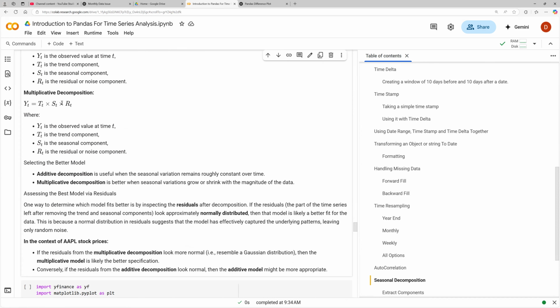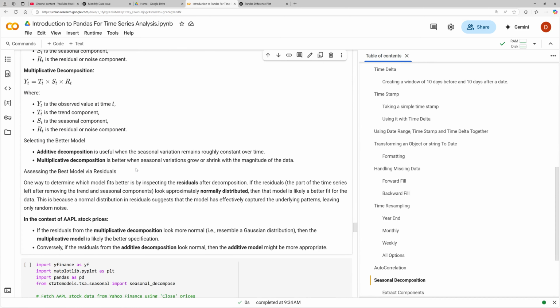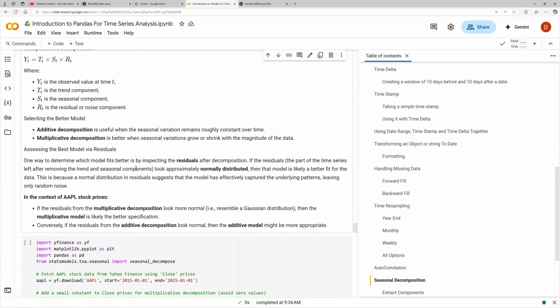It's the same idea except it's multiplied. So the additive decomposition is useful when seasonal variation remains roughly constant over time. Okay. And multiplicative decomposition is better when seasonal variations grow or shrink with the magnitude of the data. One way to determine which model fits better is by inspecting the residuals after this decomposition.